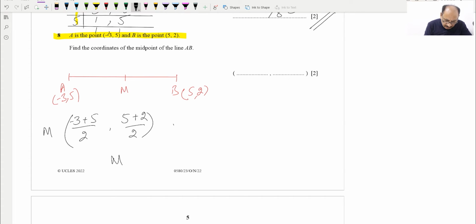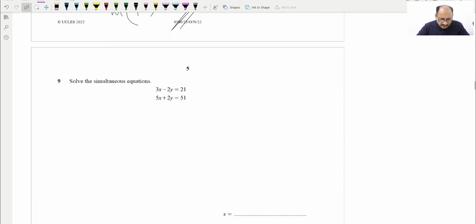So M will be 2 by 2, which is 1, and for the y coordinate, 7 by 2, which is 3.5. So our final answer will be 1 and 3.5.